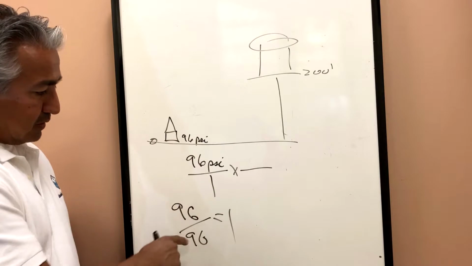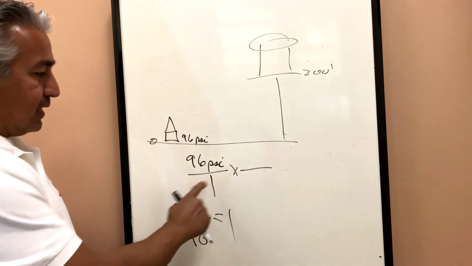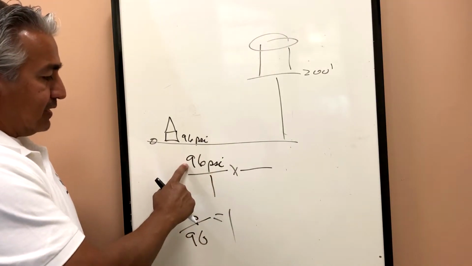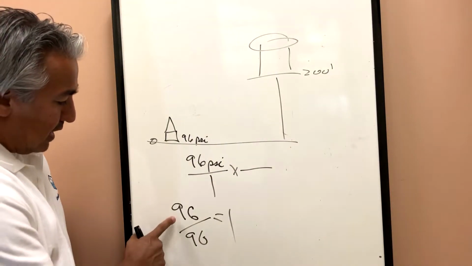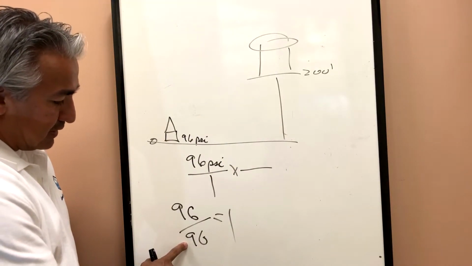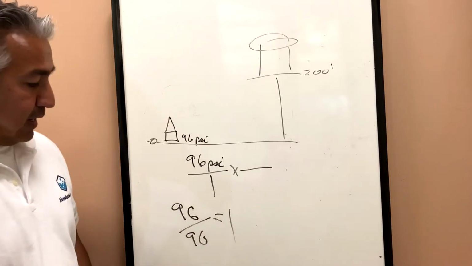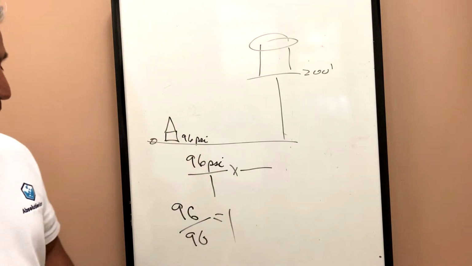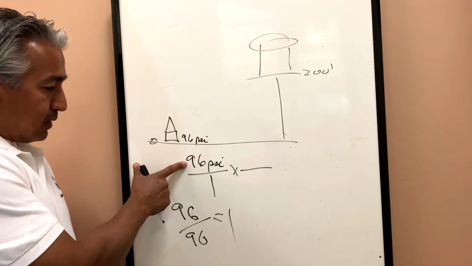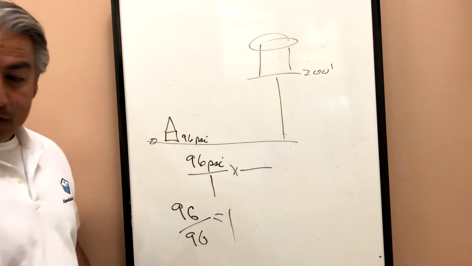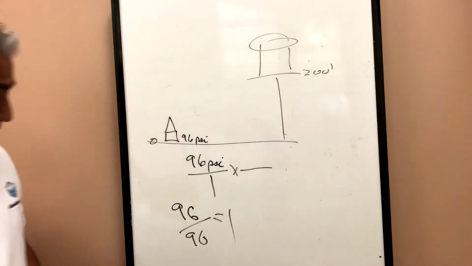Well, if you put this in your calculator, you're going to see that 96 over 1 will still be 96. If you make the mistake of writing 96 divided by 96, you're going to get 1. 96 is not equal to 1. So to summarize, in order to convert a whole number to a fraction, just write it over 1. Okay, let's go forward.